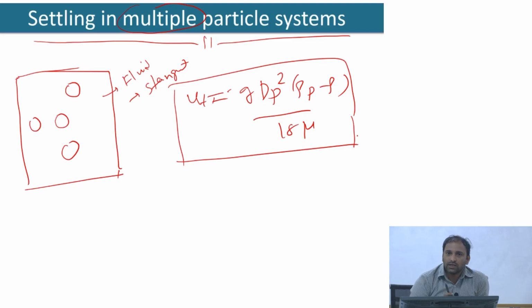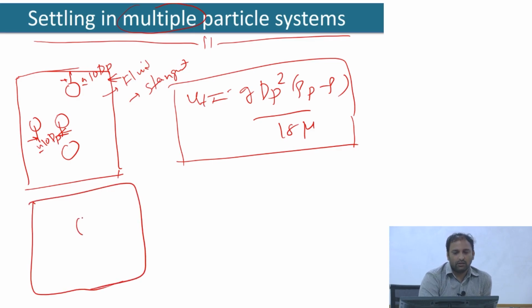It turns out that you can still use it, but under certain conditions. If you are working under very dilute conditions, if the distance between the particles in the fluid is approximately 10 times the particle diameter, and if the distance between the wall and the particle is again approximately 10 times the particle diameter, you can assume the particles would still be flowing in a fluid in a very similar way as a single particle.